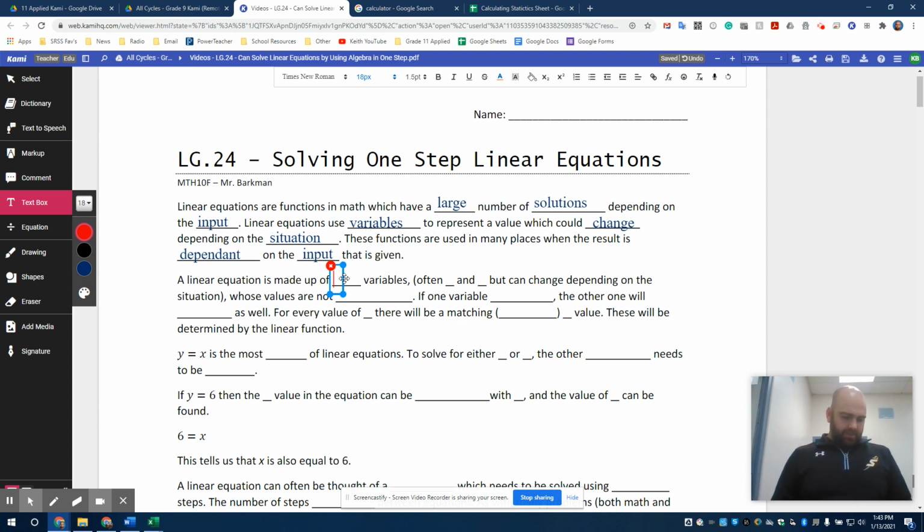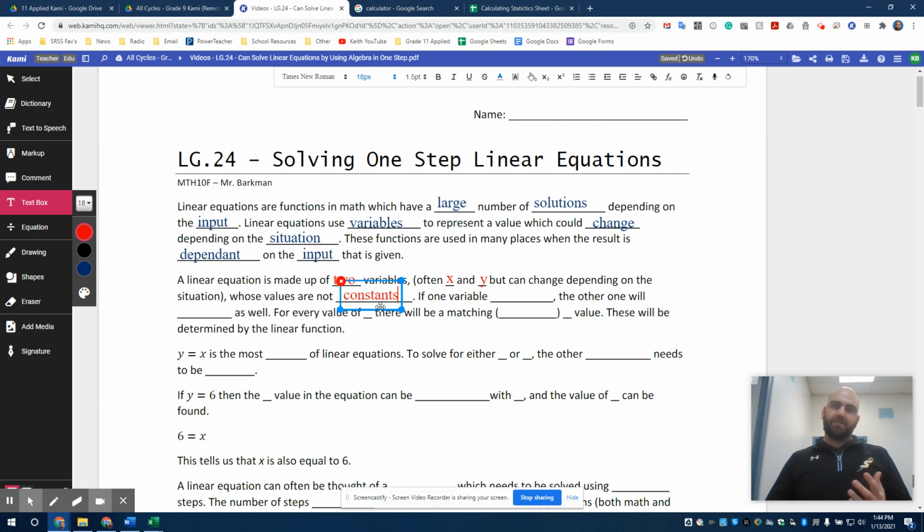Now, a linear equation is made up of two variables. We often use x and y, and for this particular lesson, I will just be using x and y, which will hopefully help to make things a little bit simpler, but they can totally change depending on the situation. The linear equation is made up of two variables whose values are not constants.